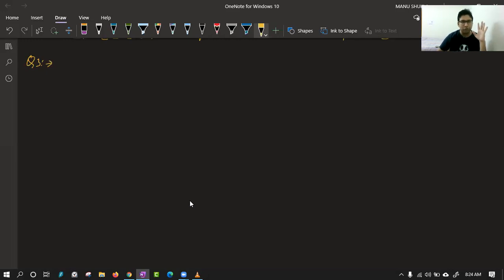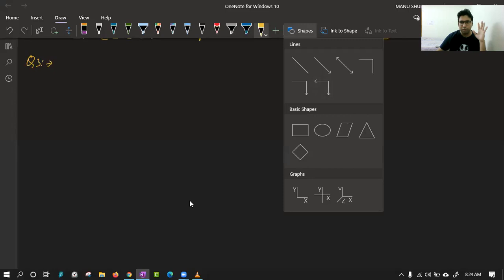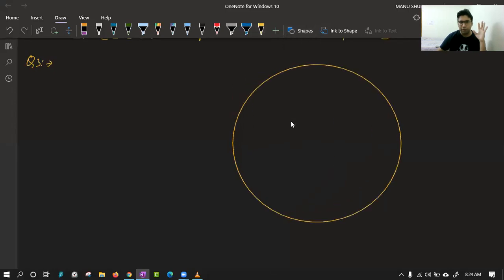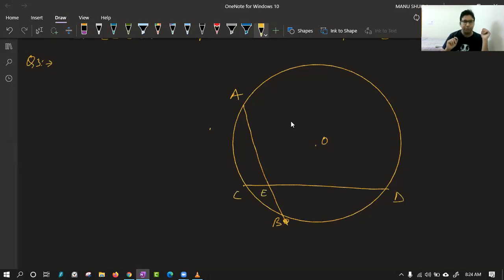Okay, let me give you a hint first for this, because I don't want you to miss this question. Question number 3, I'm giving the hint only. In this question, you have a circle with center O. They are saying if two equal chords intersect within the circle. So if this is the first chord AB and this is the second chord CD, they are intersecting at point E. The question wants you to prove that the line joining the point of intersection to the center, so class, this is point of intersection E, this is center.